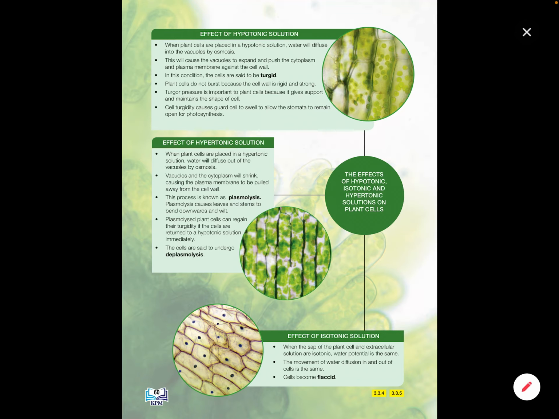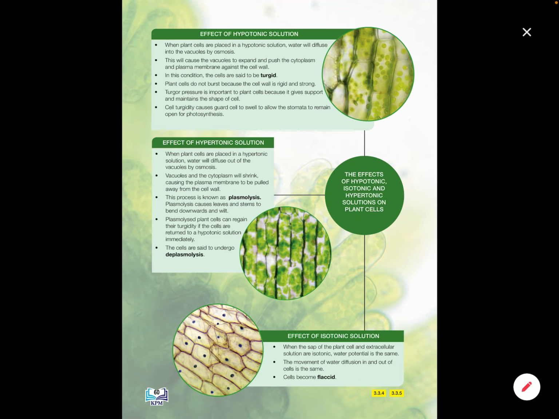Okay, and then next will be hypertonic solution. This is when water will move out instead. And when water moves out, the vacuole and the cytoplasm will shrink. The cell wall is fixed, so it doesn't move. But the vacuole and cytoplasm will shrink, so some of them will be detached.